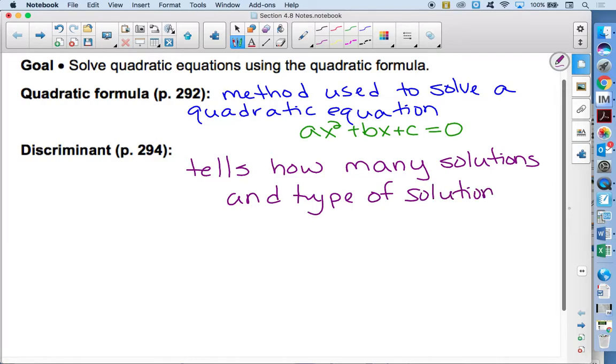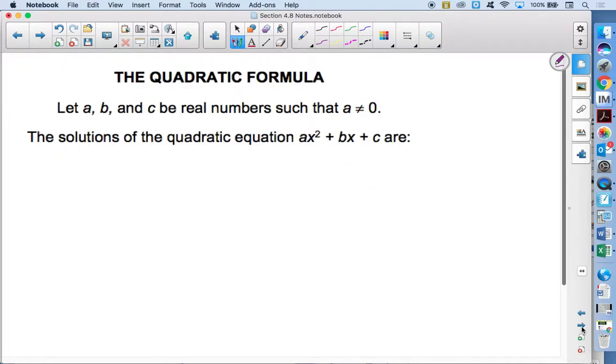So when I talk about the type, is it a real solution or is it an imaginary? So do I end up with an imaginary number? Do we have one x-intercept or are there two x-intercepts? So that's what the discriminant will tell us. And I know it seems like a weird word, but you'll see that it's pretty straightforward, nothing crazy confusing going on.